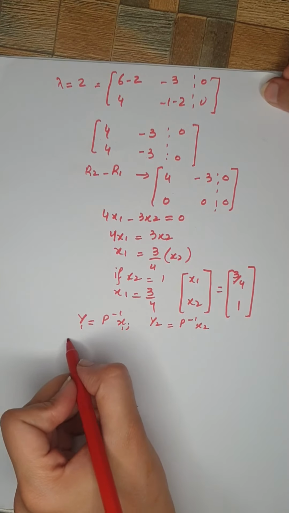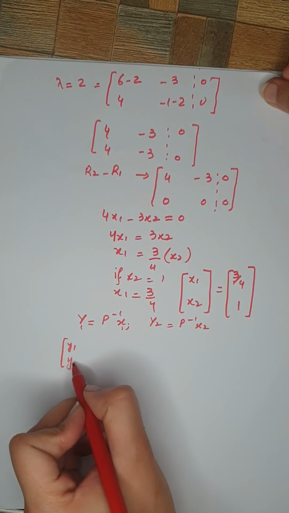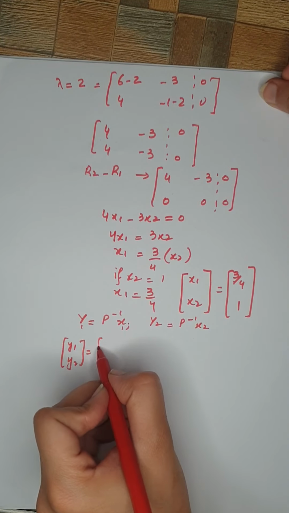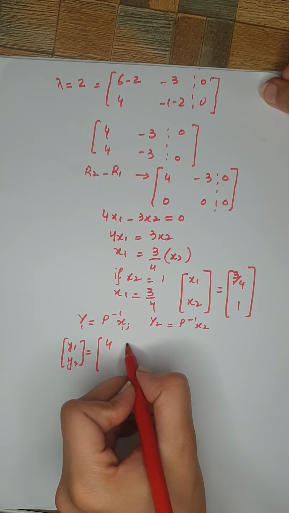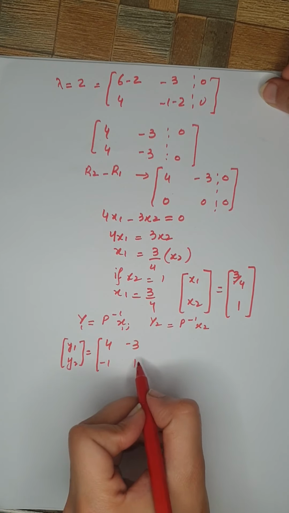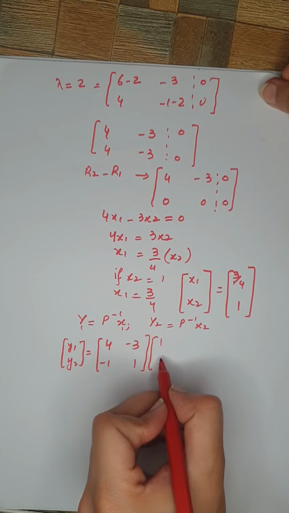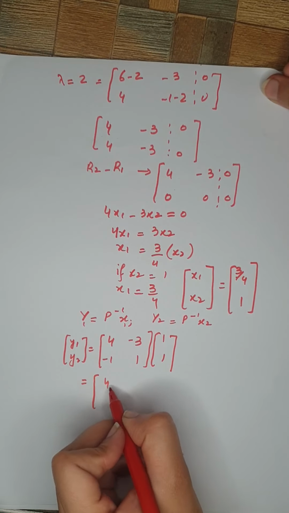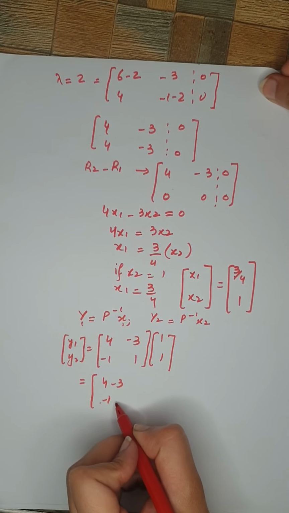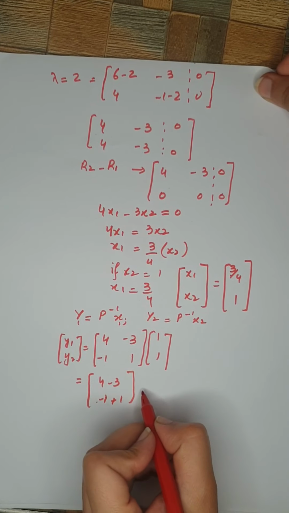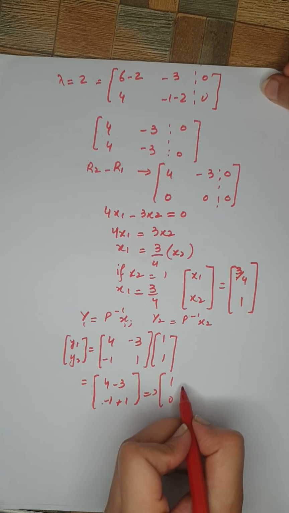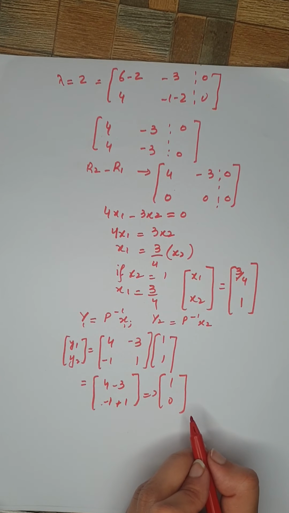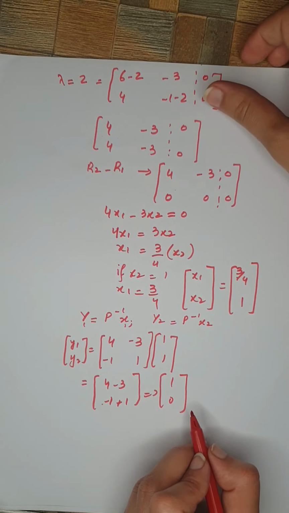So let's find y, which has two components y1, y2. P inverse is already computed as minus 3, minus 1, 1, and the first eigenvector was 1, 1. Just multiply: minus 3 minus 1 plus 1, which is equal to 1, 0. So the first eigenvector that we have determined is equal to 1, 0.